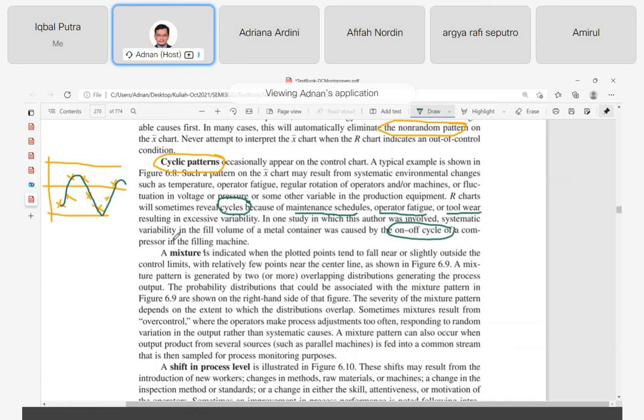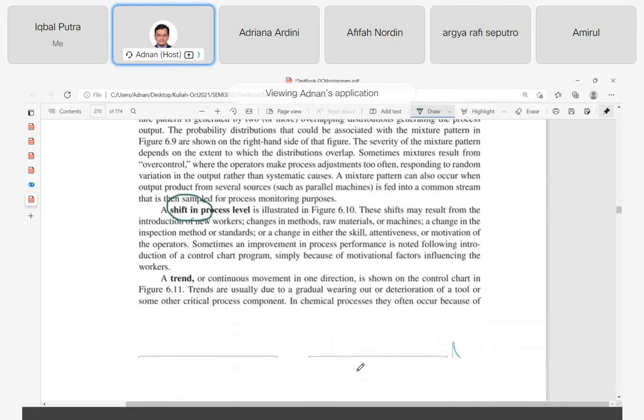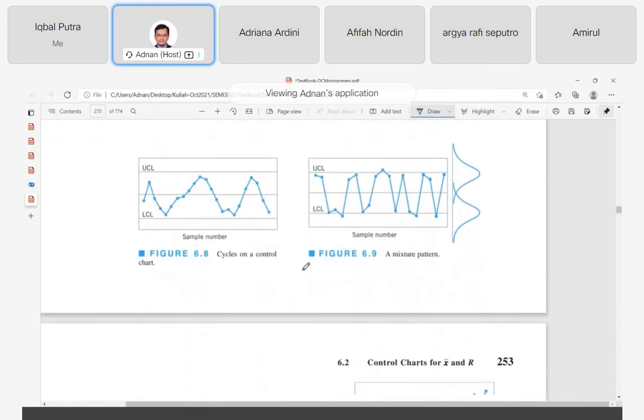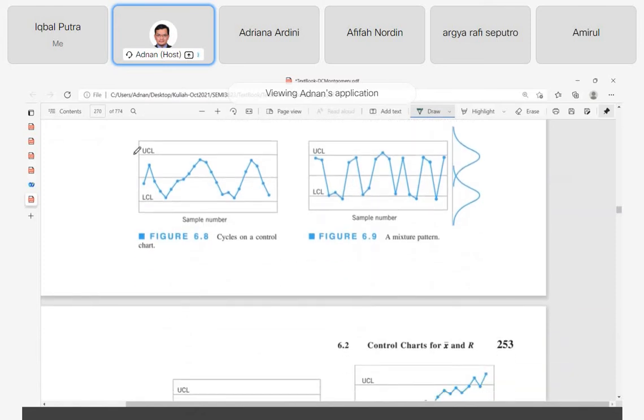We may also have mixture, and also shift, contributed by different sources. Graphically we can see here, this is within control limits, but it is showing like this. So this is a cycle. What is causing the cycle? As I said just now, there are possibilities. It could be fluctuation in temperature.